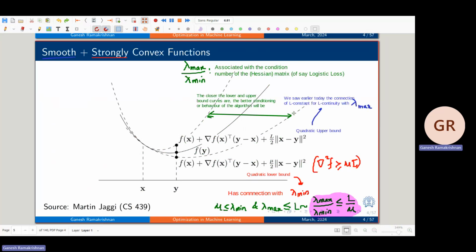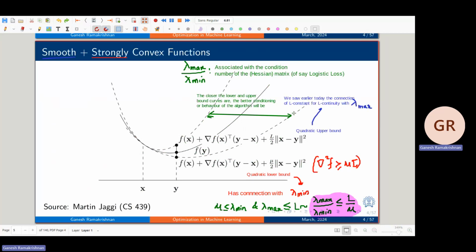The other interesting part is if you're looking at the Hessian and the eigenvalues of the Hessian, or look at the strong convexity factor mu, you could relate them to the eigenvalues, the eigenvalues associated with the Hessian matrix.